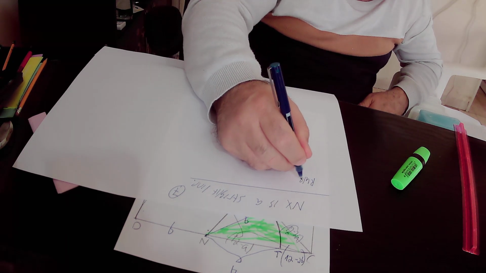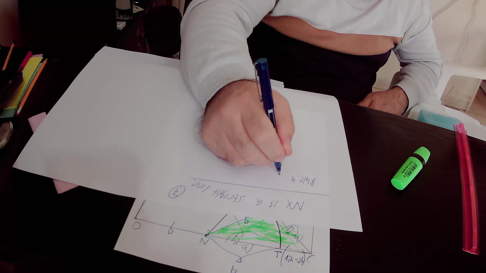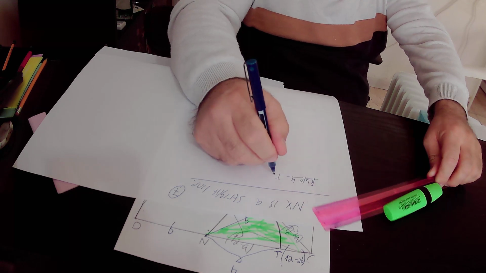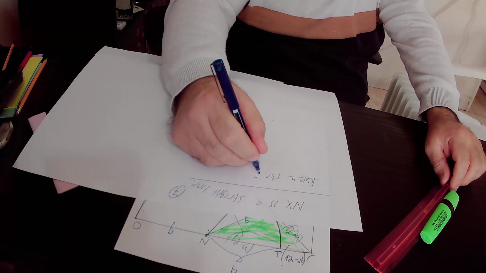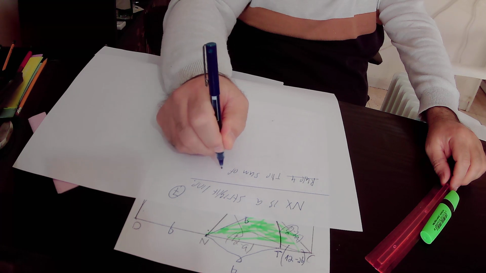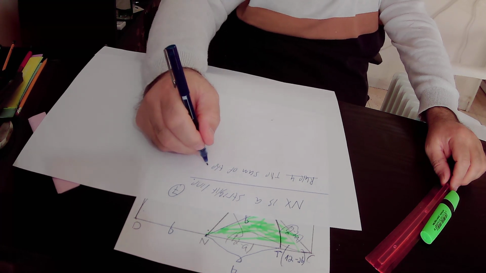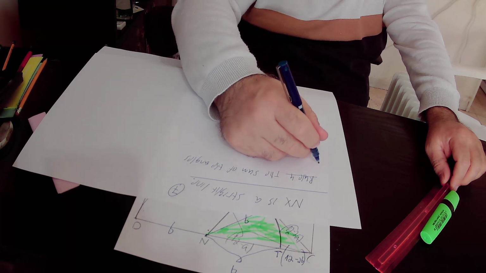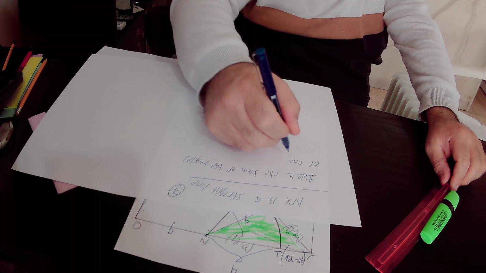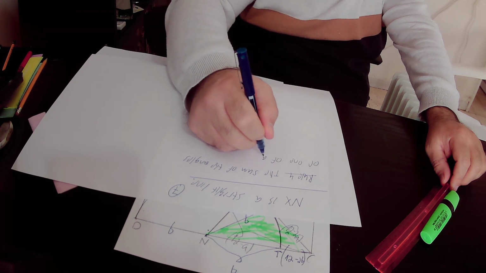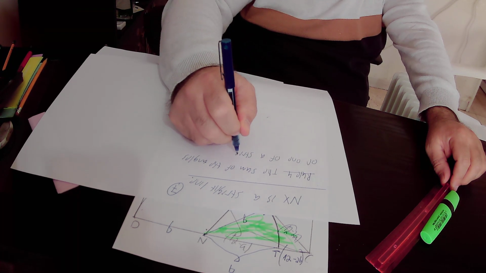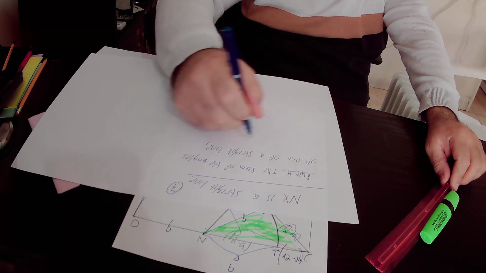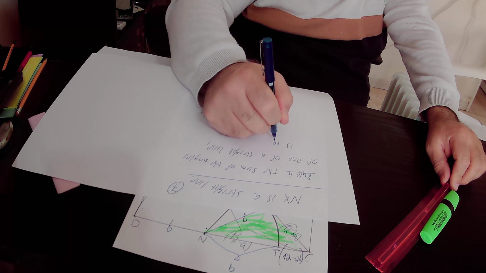Rule number 4: the sum of the angles on one side of a straight line is equal to 180 degrees.